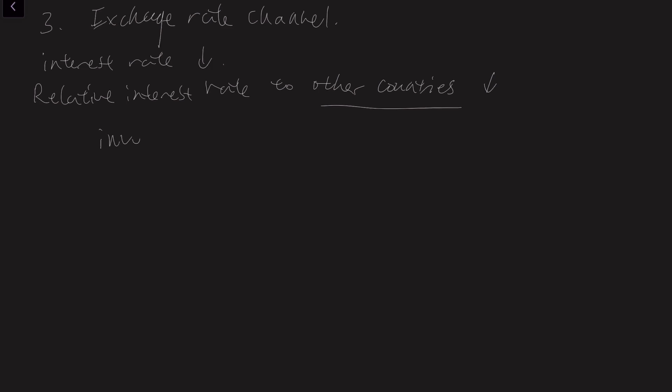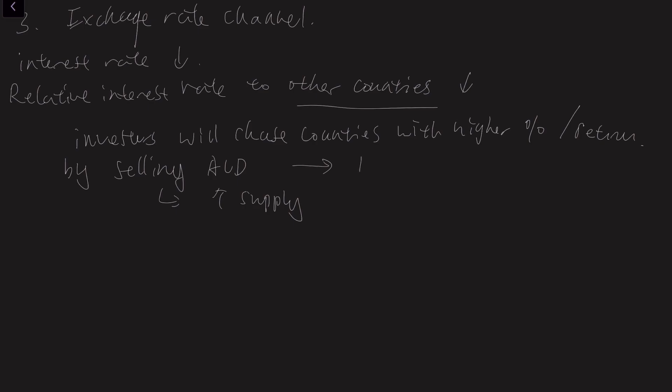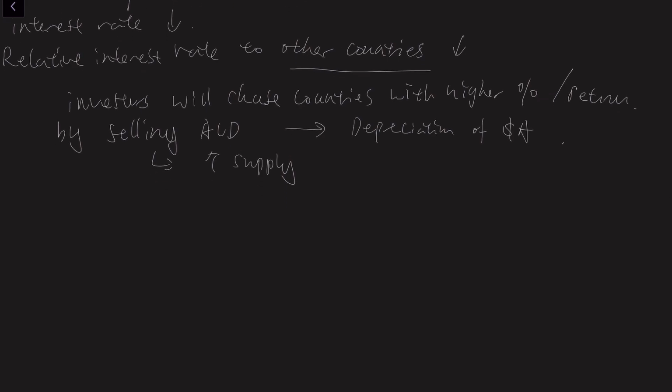And so investors will chase countries with higher interest rate or a higher return by selling AUD. And selling means higher supply. And the effect of this action is that we have a depreciation of Australian dollar.